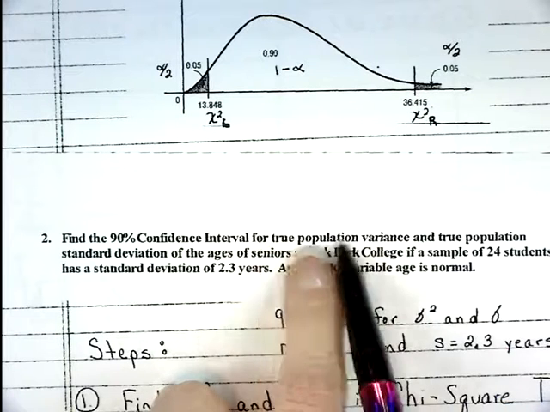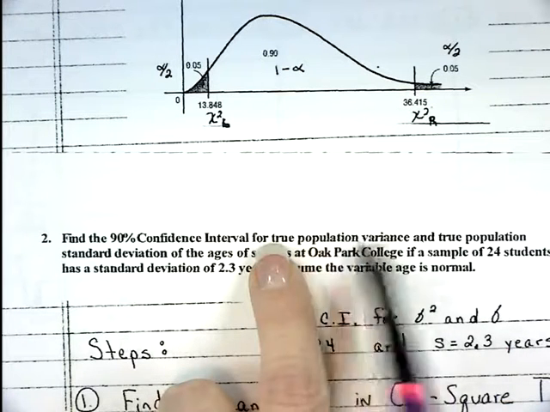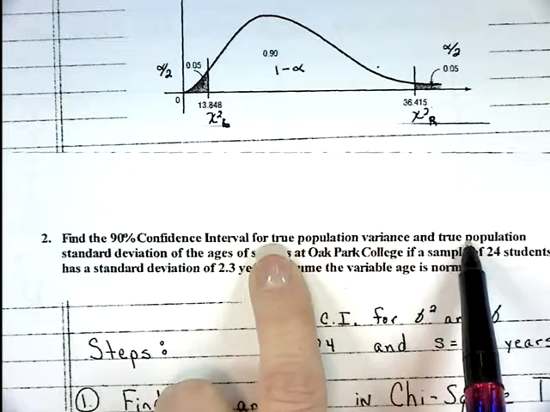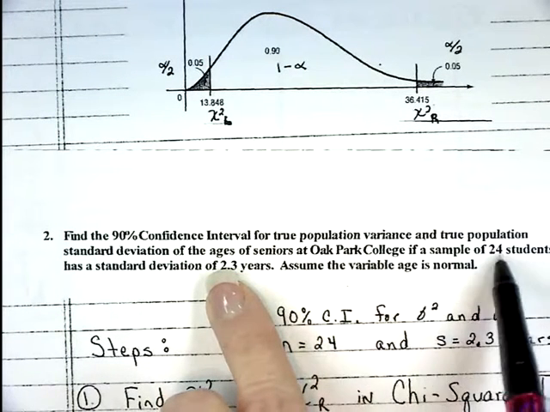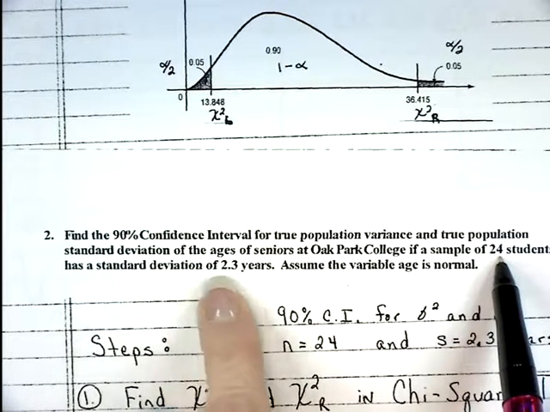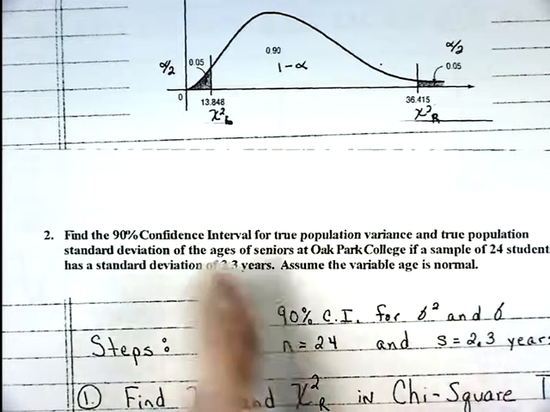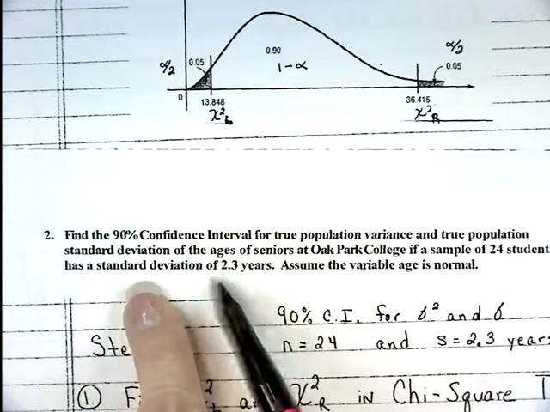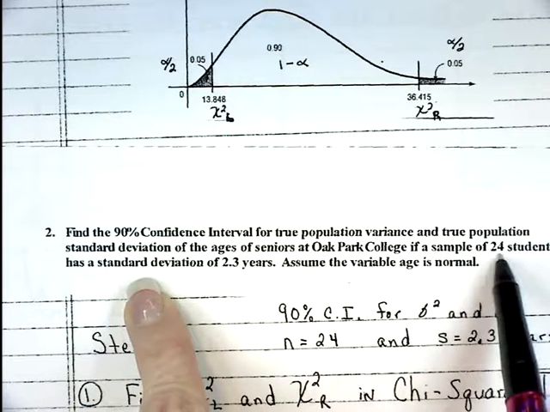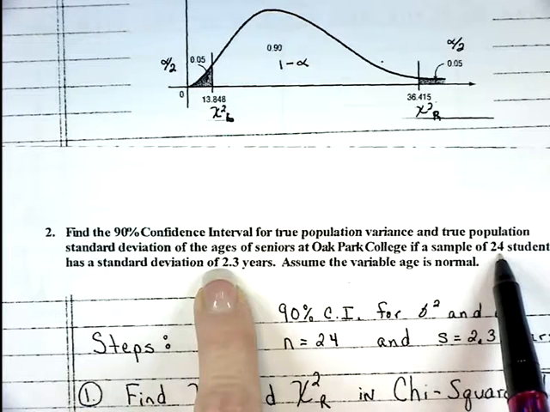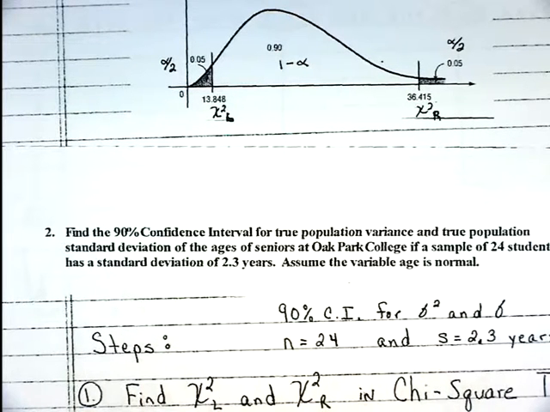It said true population variance and true population standard deviation of the ages of seniors at Oak Park College. A sample of size 24 has a standard deviation of 2.3 years. It does not say sample standard deviation, but it is implied to be the standard deviation of this sample of 24. So that is S, 2.3 years.